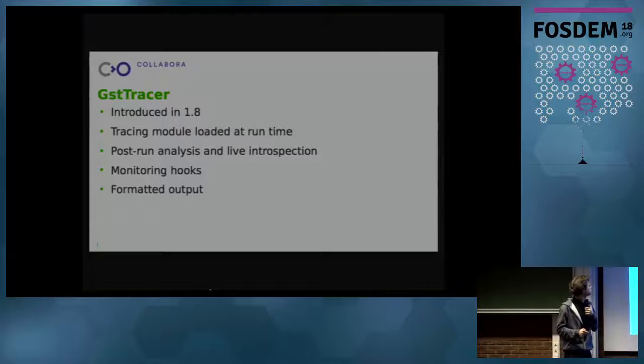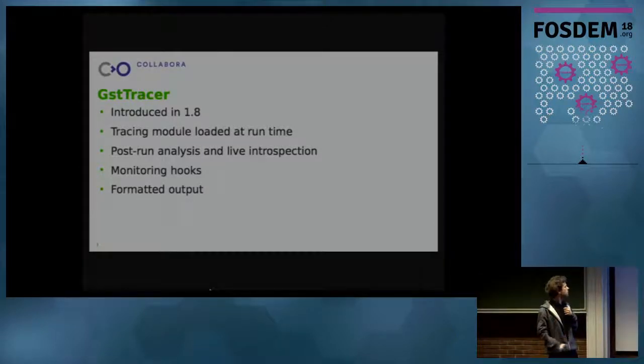This allows tracers to gather all this info and produce a formatted output. It's meant to be usable by external applications for easy parsing. It's been proved very useful so far. And now I'm going to show you different kinds of things we can do using tracers.